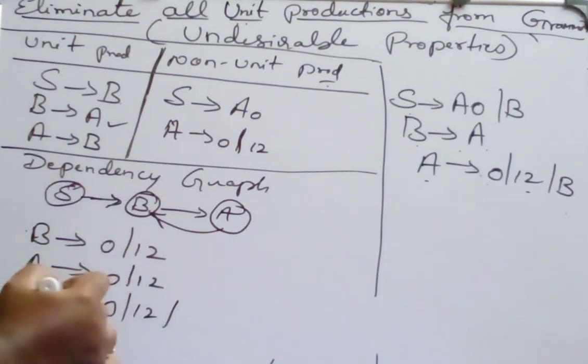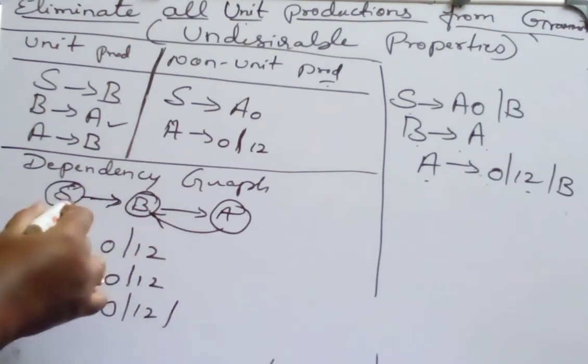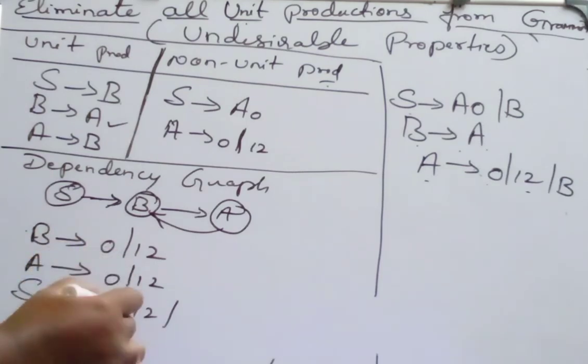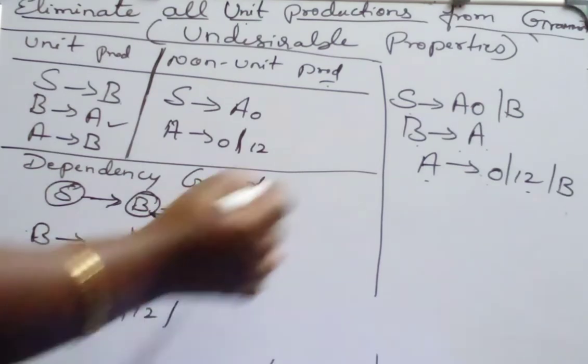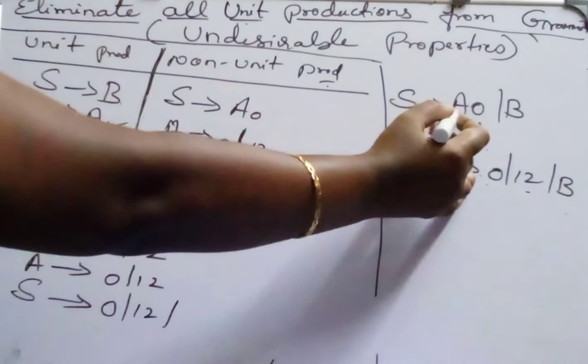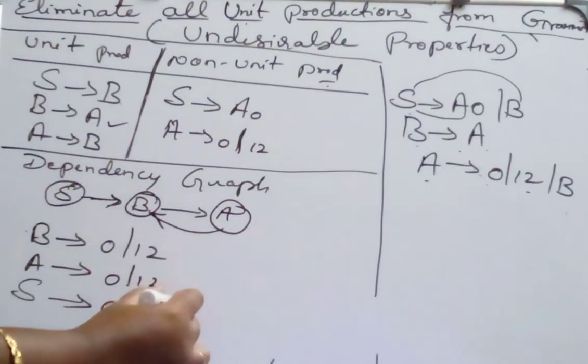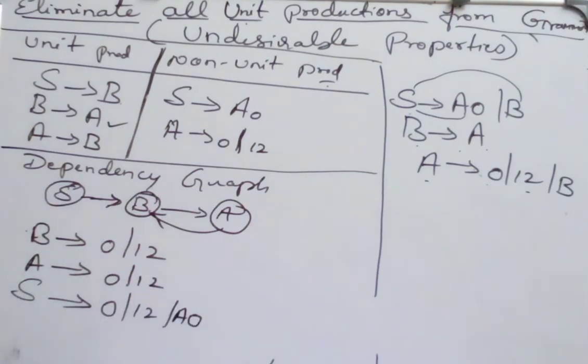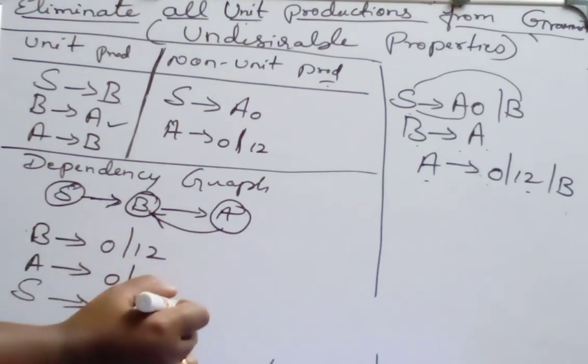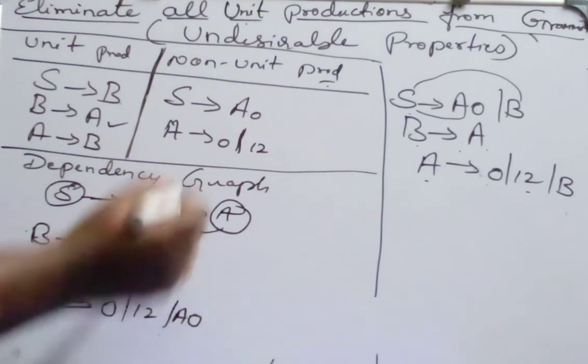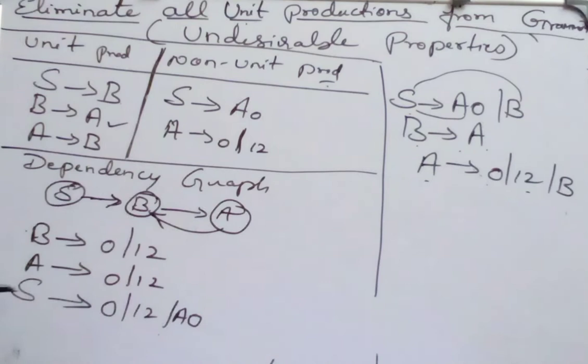All the productions of B should be copied to S. For B we have 0 and 1, 2, we copy to S. Similarly, the production for S is S derives B or S derives A0. So add that A0. So after eliminating the unit productions with the help of the dependency graph, these are the productions we obtain.